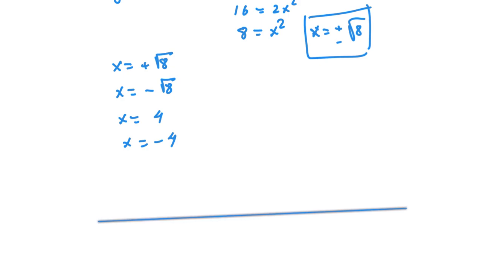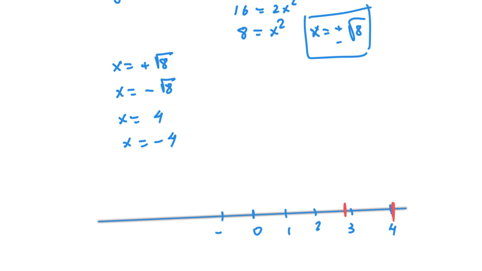Okay, this is the 0. This is 0, 1, 2, 3. Square root of 8 is somewhere here. 4 is here. So the critical points, I'm going to put in red. This is one critical point, this is another critical point.